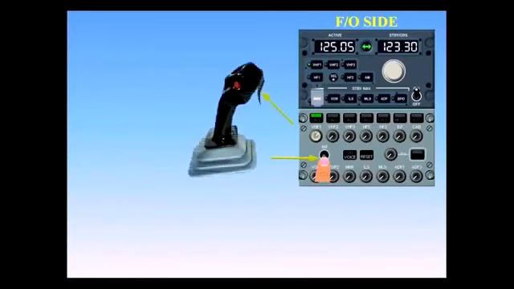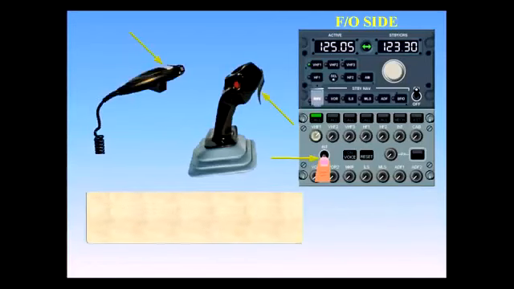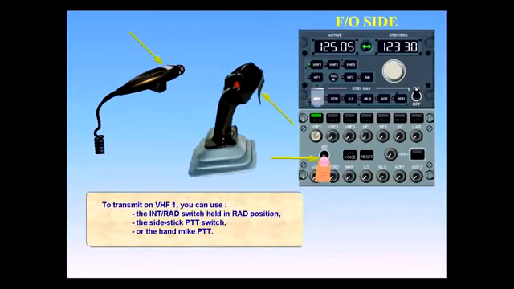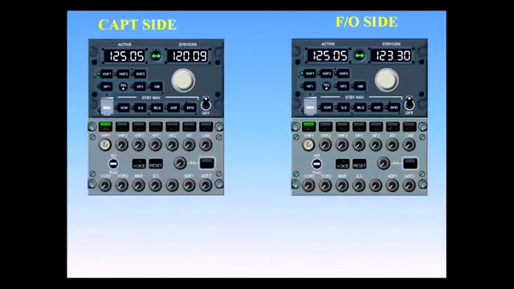To transmit on VHF1, you can use the interphone radio switch held in radio position, the side stick push-to-talk switch, or the hand mic push-to-talk. Airborne operations are identical. The SOP is to use COM1 for all ATC communication. COM2 may be used for ATIS or for ramp communications.